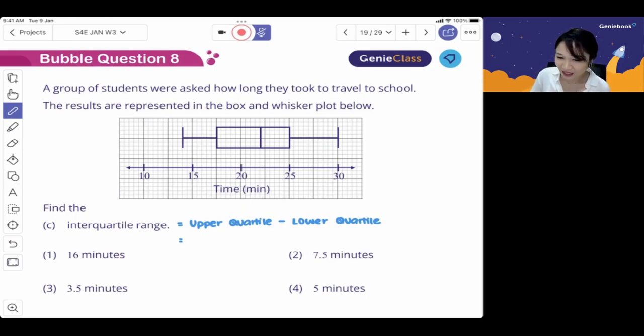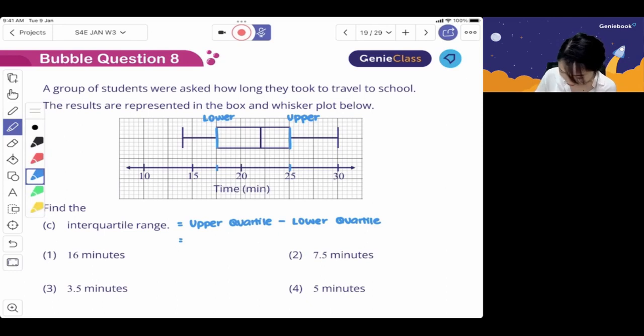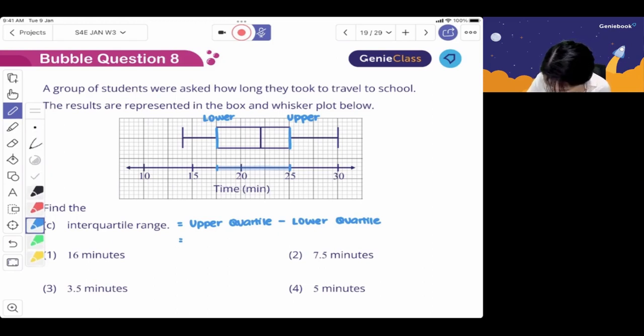Well done. The upper quartile is represented by the upper line in our box, and this is the lower quartile. We are finding the range between these two values.